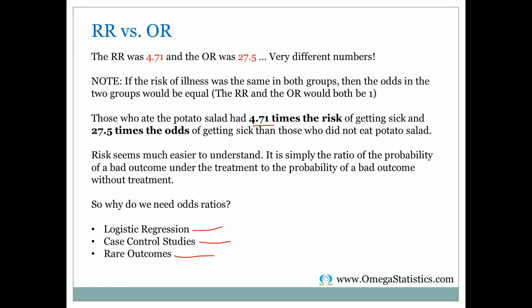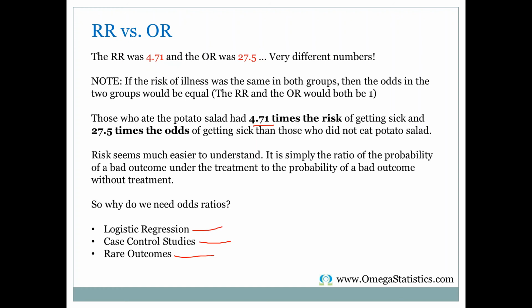Logistic regression, the reason we like odds ratios, is that often we want to do more than just compare two groups. We want to maybe fit some models where we can put in other predictors like age, gender, optimism scores, right? We're not just looking at the potato salad eaters and the non-potato salad eaters on whether they got sick.